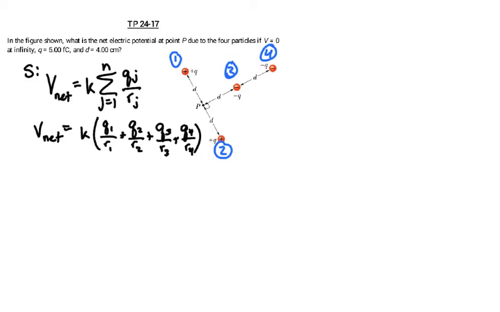Now, one of the major differences with electric potential and electric potential energy is the use of the sign in our charge value. When we were looking at electric fields and the electrostatic force, we put the absolute value of the charge in.